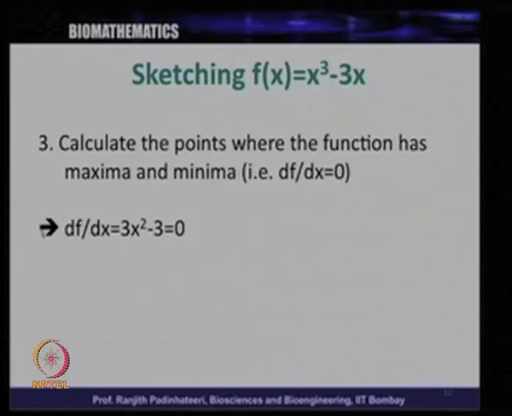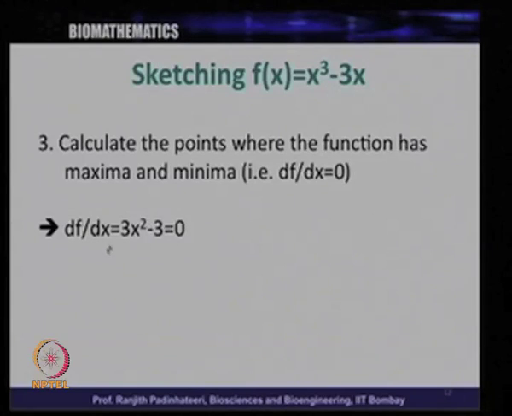If you calculate df by dx, that is the derivative, and equate that to 0, wherever this derivative is 0, those points are the points where you have either maxima or minima. This is one thing which we learned before.